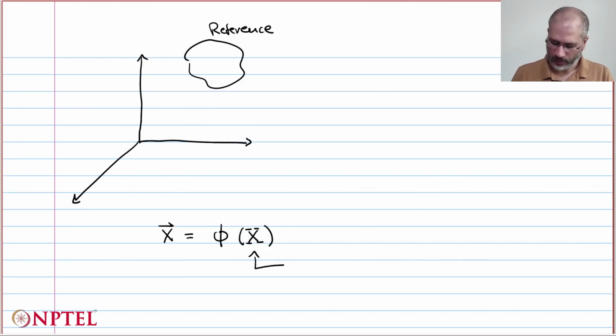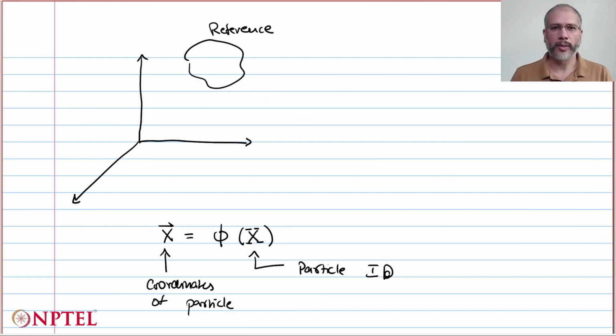So this is the particle ID, and this is the coordinates of the particle in our chosen coordinate system, that is O, x1, x2, x3.